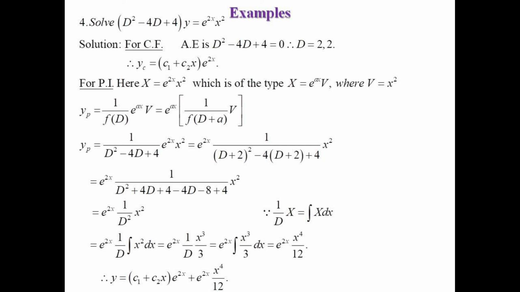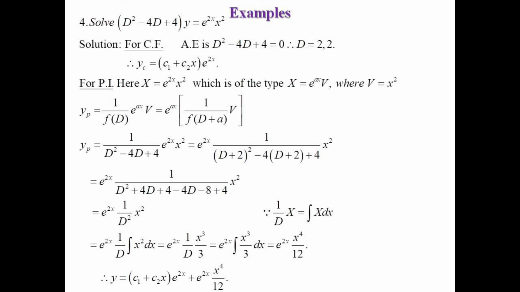So we get the denominator as (D + 2)² − 4(D + 2) + 4, acting on x². If we simplify the denominator, we get e^(2x) · 1/D² · x².